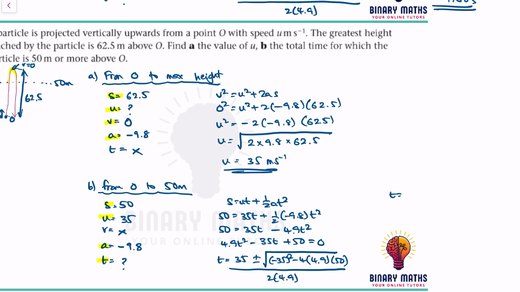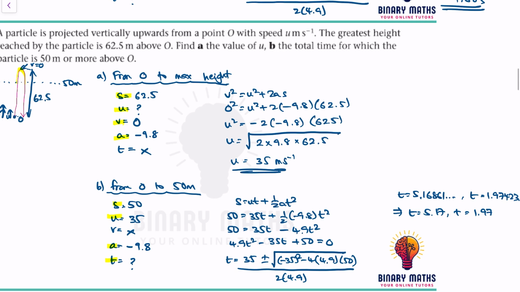Gives us a value of T is equal to 5.16861, or T is equal to 1.97423, which implies T is equal to 5.17 and T is equal to 1.97. So we know the two times.